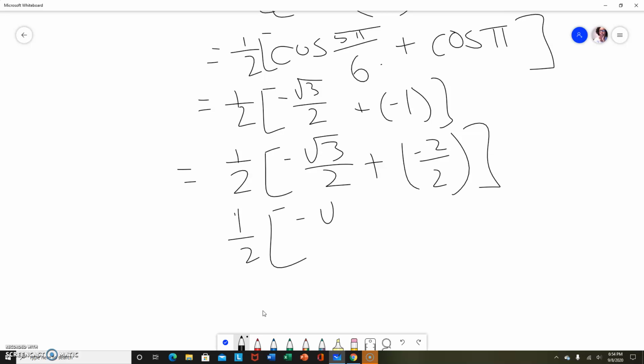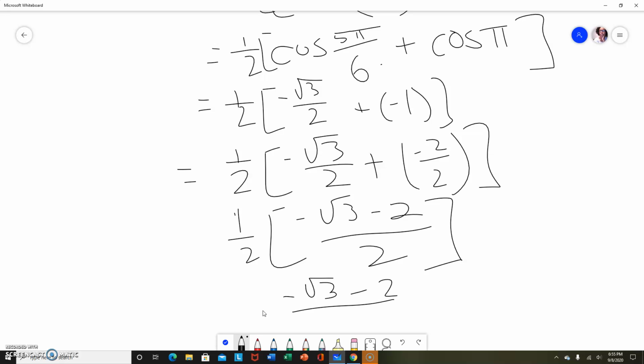I changed the negative 1 to negative 2 over 2, which is still negative 1. So I get negative root 3 minus 2 all over 2. And I just put it under the same denominator. Now I can multiply that 1/2 through, and I get negative root 3 minus 2 over 4. And so there is my exact answer, and I hope that this helps.